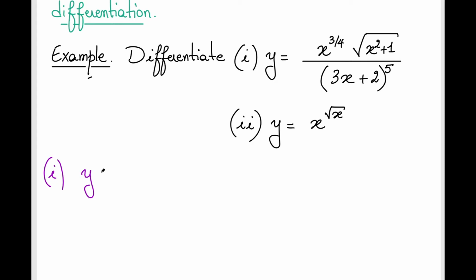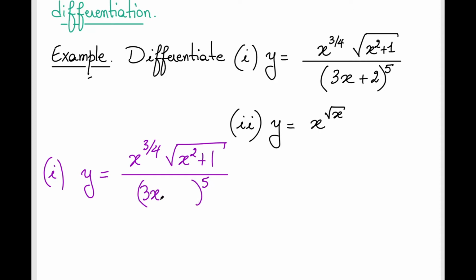So y is x to the power 3 over 4 times the square root of x squared plus 1, divided by this quantity, 3x plus 2, to the power 5. Let's apply log to both sides, the natural log. If you apply the natural log, you get that ln of y is equal to ln of this quotient.